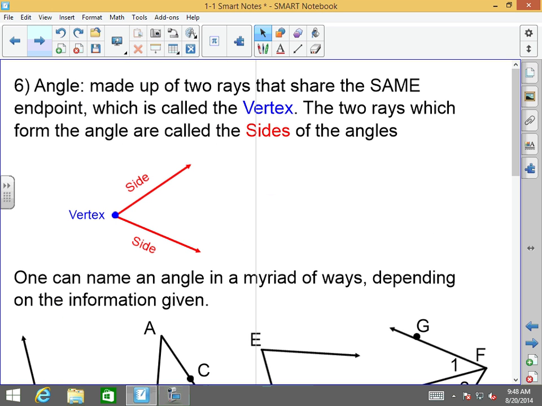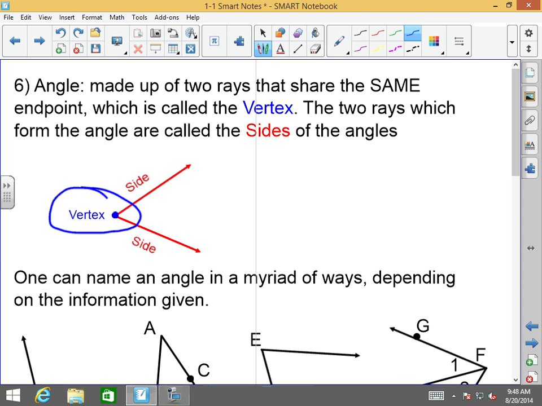Okay, next, number 6. All right, this is the fun stuff. An angle. An angle is made up of 2 rays, guys, if you think about it. It's 2 rays that share the same endpoint, which is called a vertex. And you can see, I'll switch to blue here. That blue point, that's my vertex, gentlemen. The 2 rays which form the angle are called the sides. But these 2 sides form an angle.